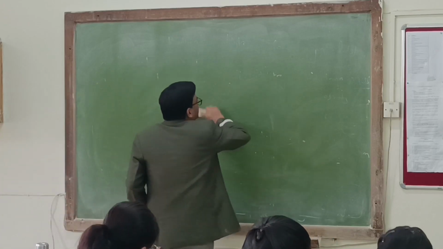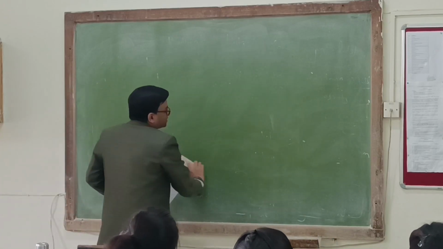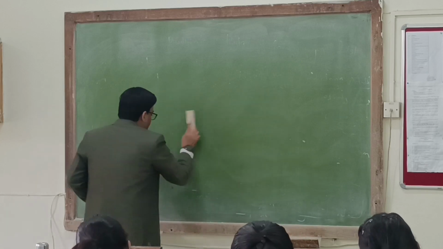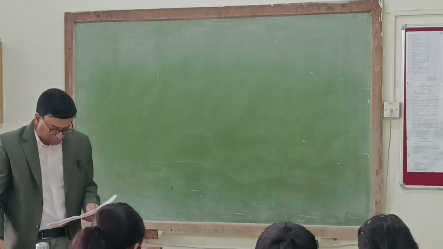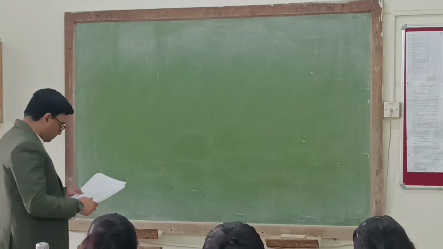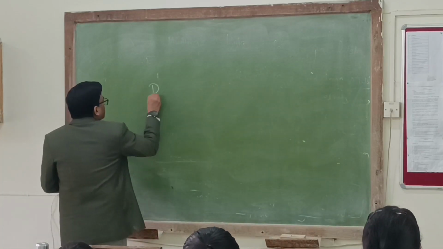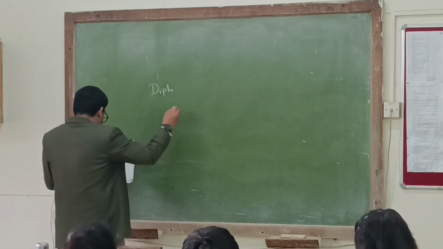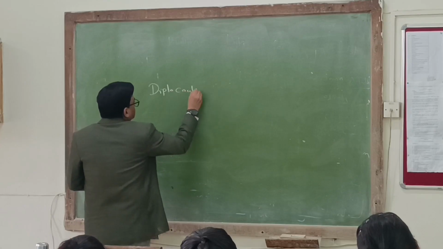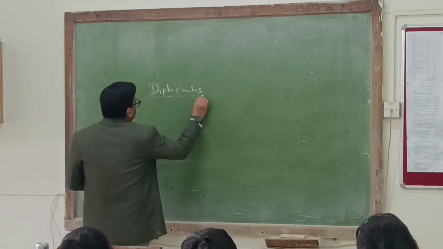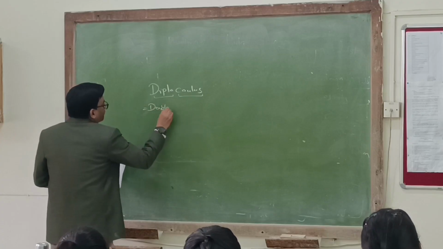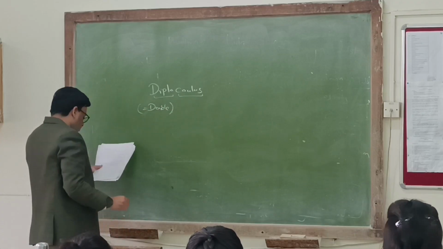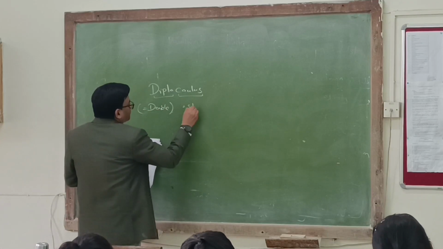Today we will study each and every fossil that is related to the origin and evolution of amphibia. What is the meaning of diplo and what is colus? Diplo means double, and colus means stem.